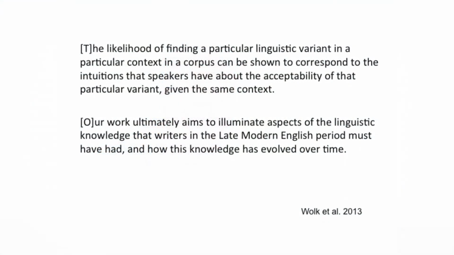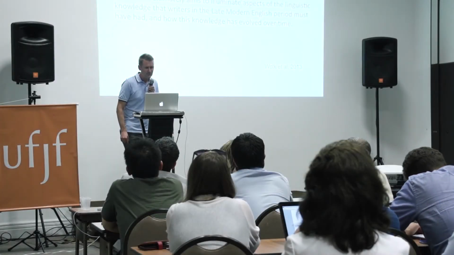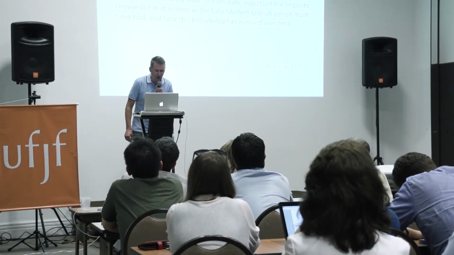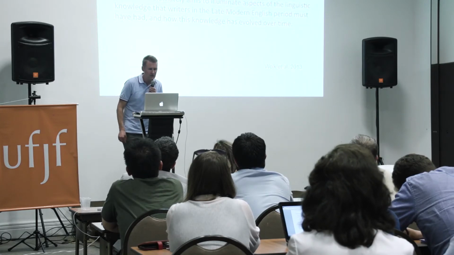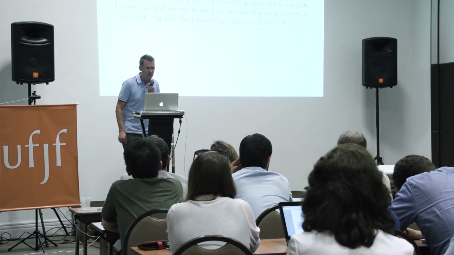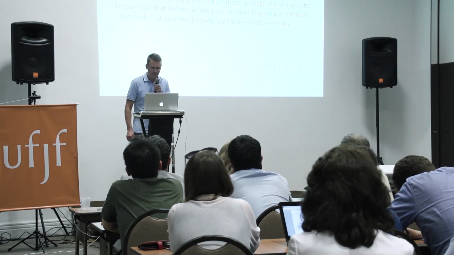They say that the likelihood of finding a particular linguistic variant in a particular context in a corpus can be shown to correspond to the intuitions that speakers have about the acceptability of that particular variant, given the same context. They continue, our work ultimately aims to illuminate aspects of the linguistic knowledge that writers in the late modern English period must have had and how this knowledge has evolved over time.